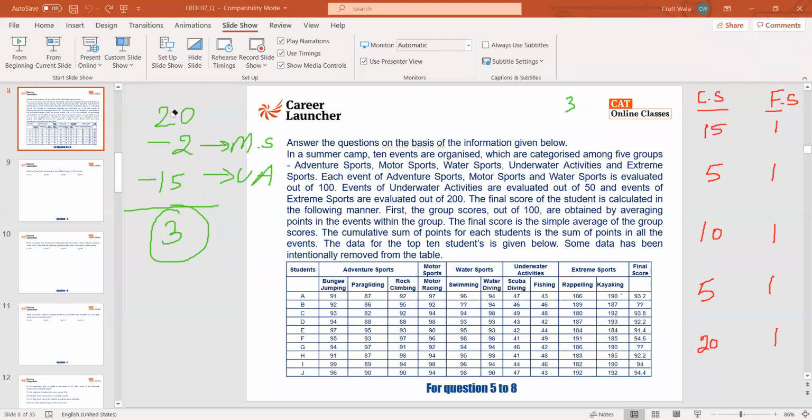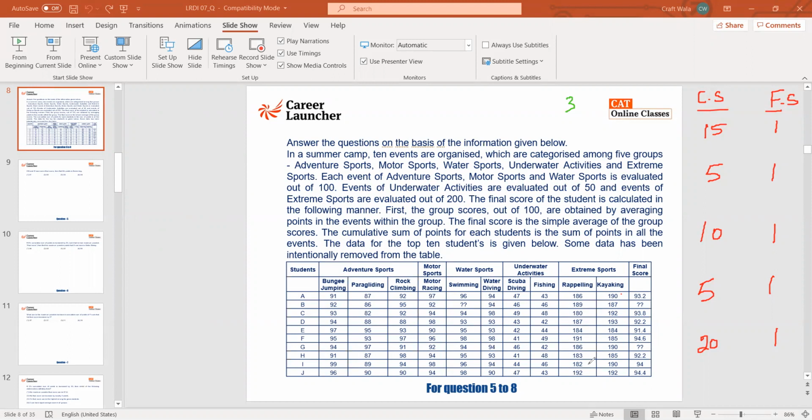That is the reason I said this table is important here. So I ka extreme sports, how much can I give?